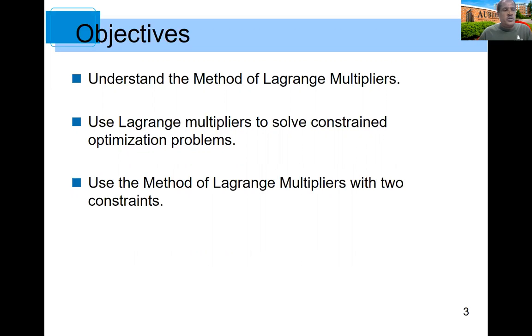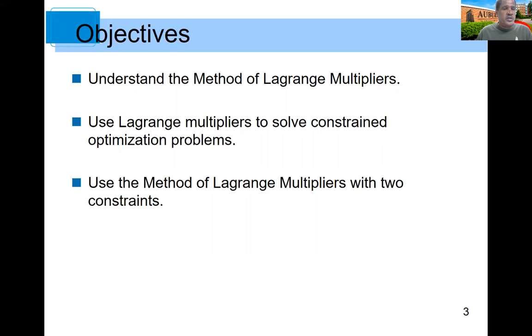So what are those constraints? We'll see. Use the method of Lagrange multipliers with two constraints. So we could be having one constraint or maybe two constraints. Unfortunately, this method of Lagrange multipliers is too tedious, so we are not able to do a lot of examples.